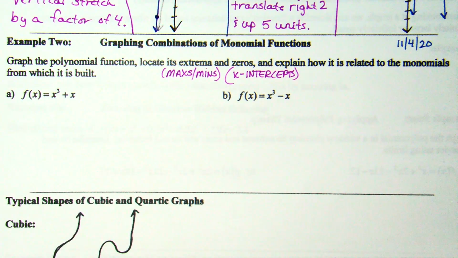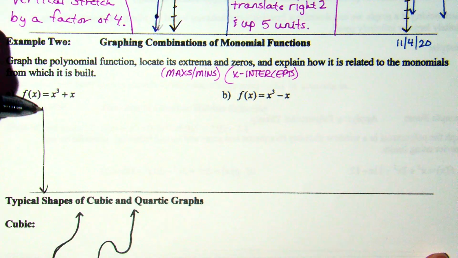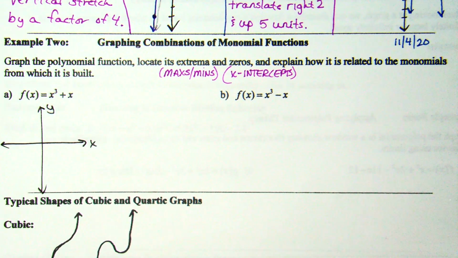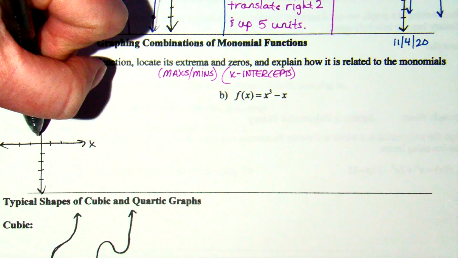Now, right here, I'm going to draw a small xy axis. So that cubic graph is going to have that general increasing shape. Now, it's going to be slightly different because we have the plus x, but I'll be honest, it's not going to be too different in this case. So you can think about some xy values.